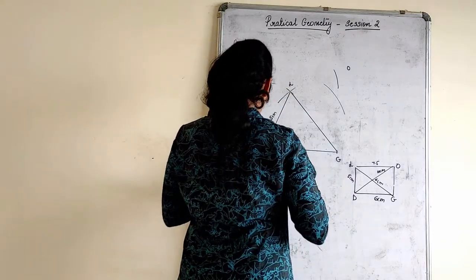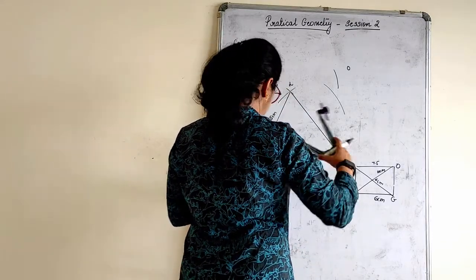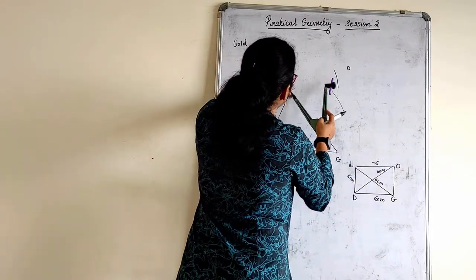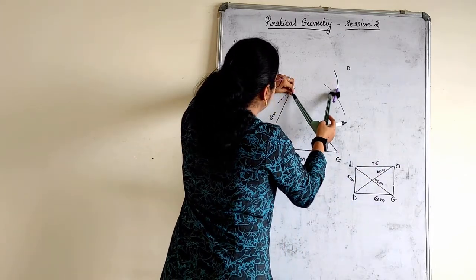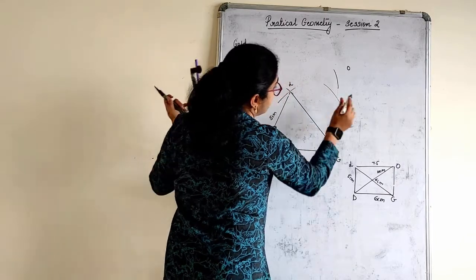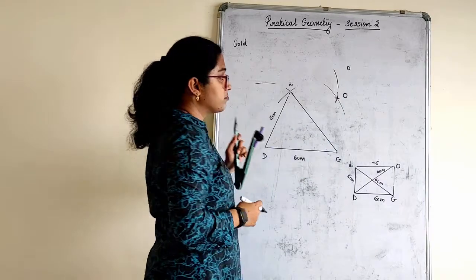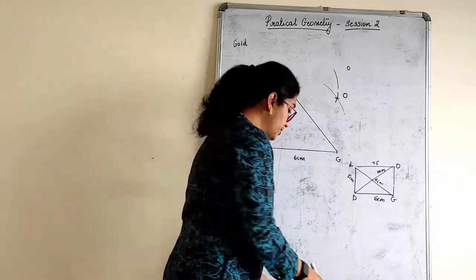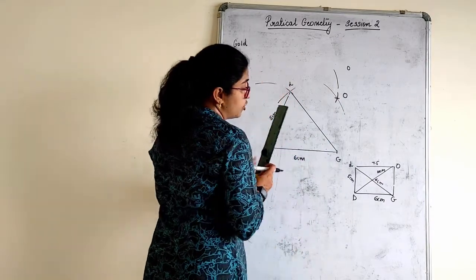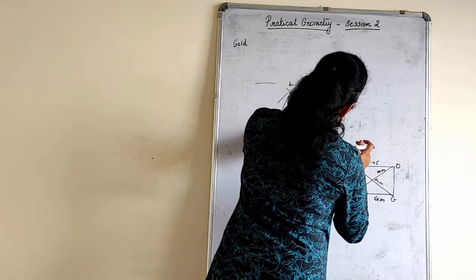Let me go for the extension. So this arc that I have drawn, I will just extend it. It will come and cut at this point, which is O. Did I get the measurements? I got it. I have got the point of intersection also. Now mark the point of intersection.